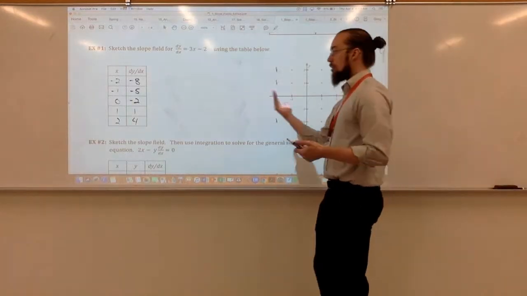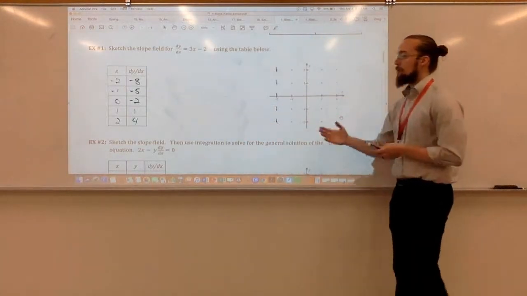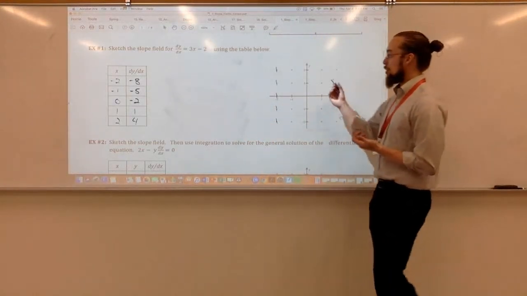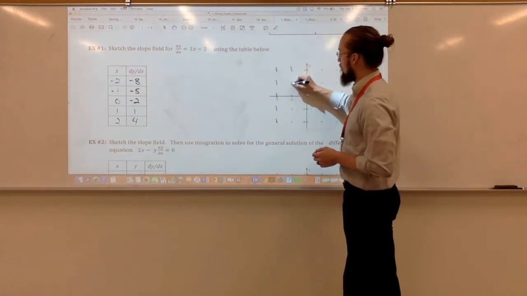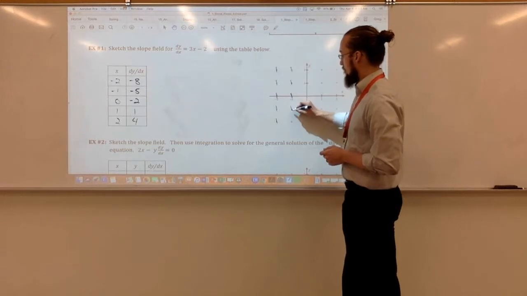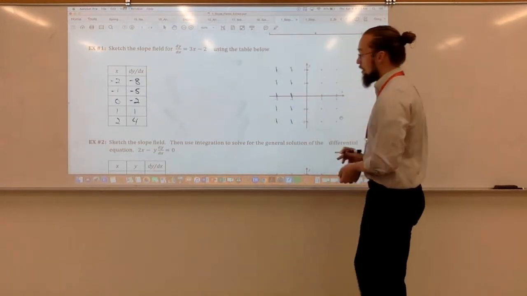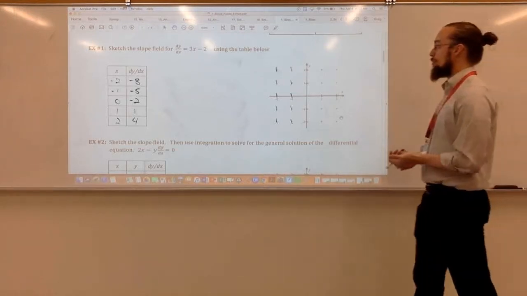I'm going to do the same thing all the way across. At x equals -1, I'm going to sketch lines that have a slope of about -5. That's still pretty steep, but maybe a little bit less steep. This is not an exact science. Then at 0, I've got a slope of -2.